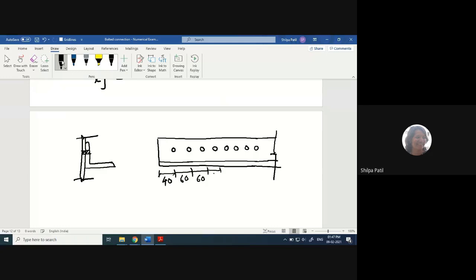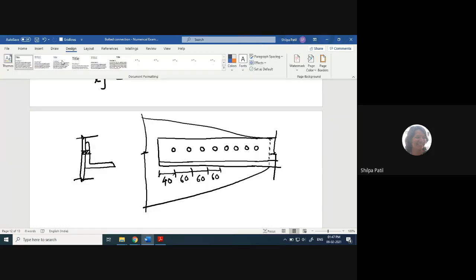The same end distance we provide on this side also. This is our gusset plate. The dimension of a gusset plate will normally be decided on site, depending upon the length of the connection.